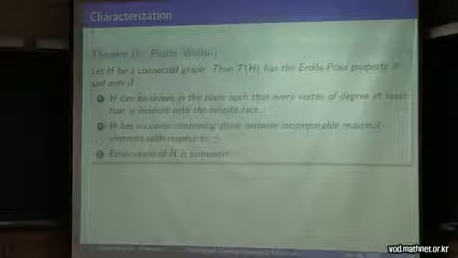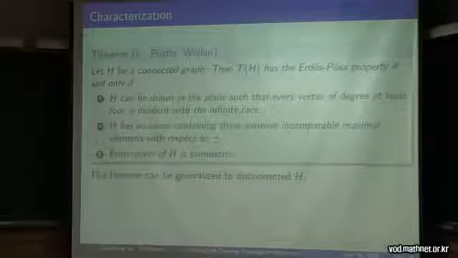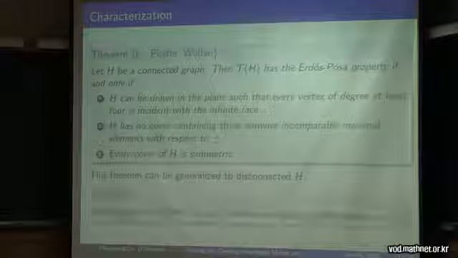Yeah. And actually, this theorem can be generalized to this connected graph, but it just makes the stuff much more complicated, and I don't want to mention it here. But you might ask, well, this characterization is too complicated.